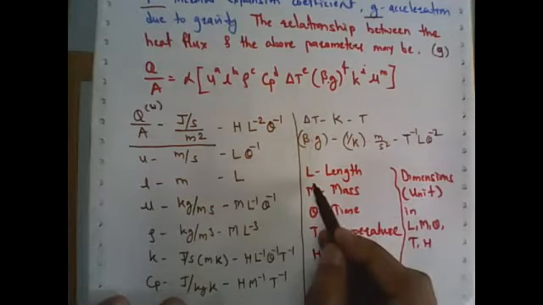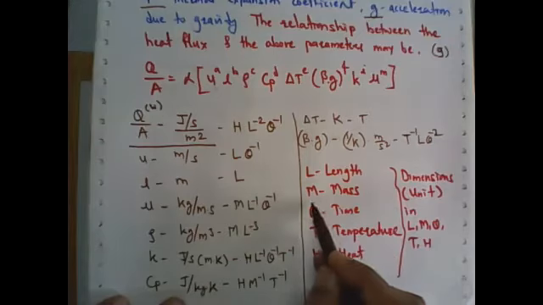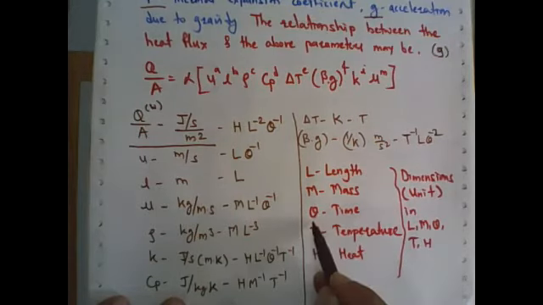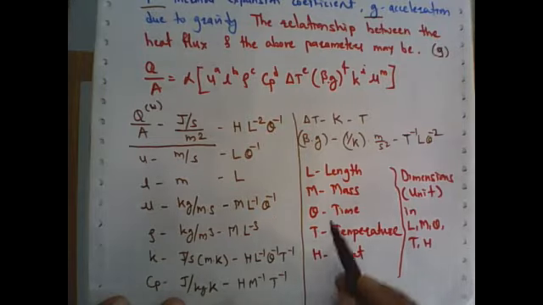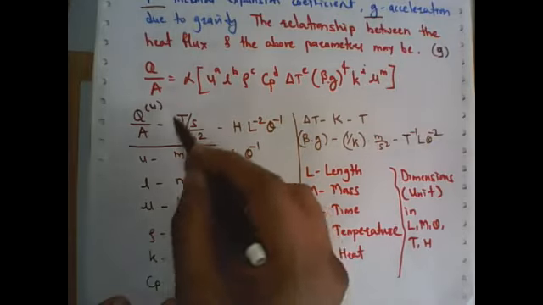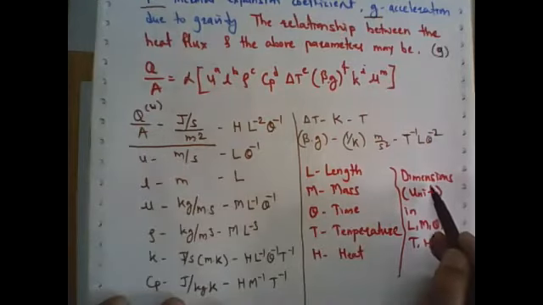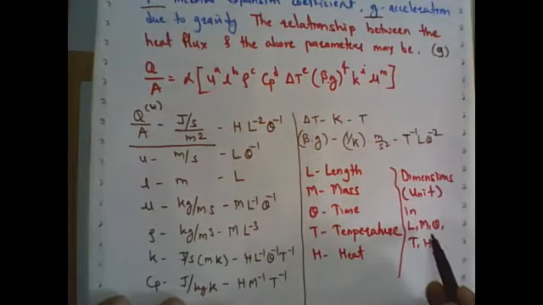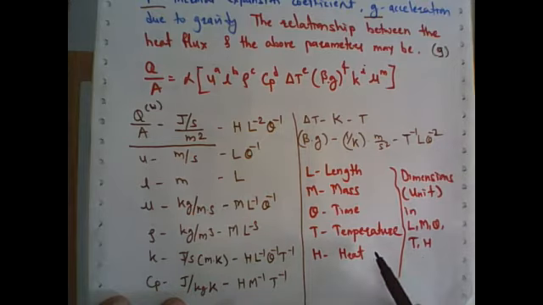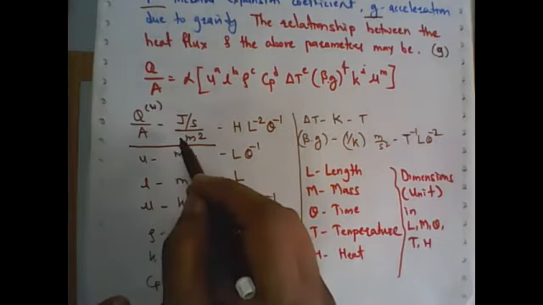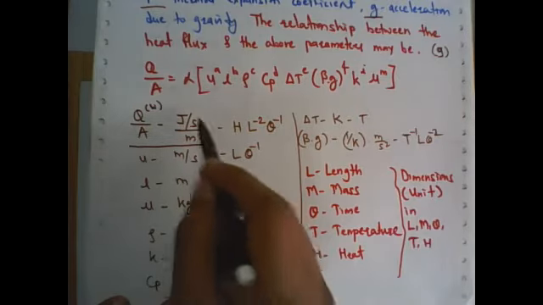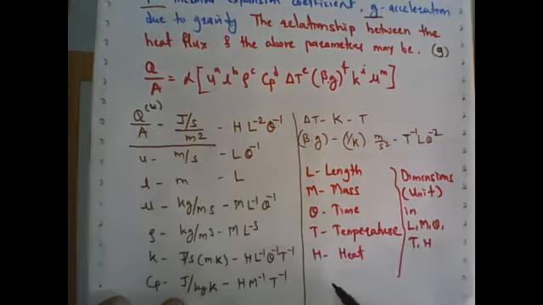So this length is indicated by capital L, mass is indicated by capital M, time is indicated by theta, temperature is indicated by capital T, and heat is indicated by H. So all these units or the dimensions, that is like joules per second per meter square, are going to be converted into L, M, theta, T, H terms, right? So that is again the sub-objective.